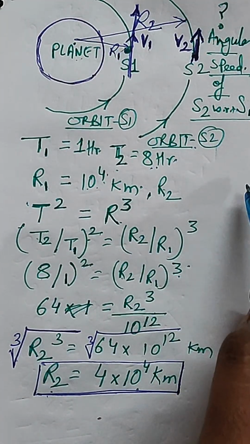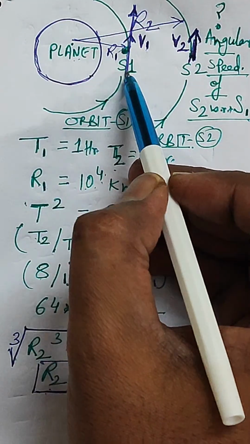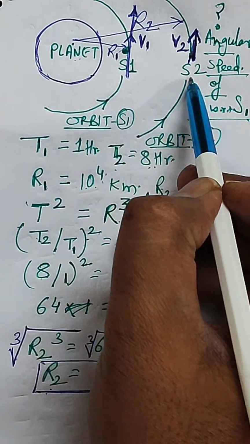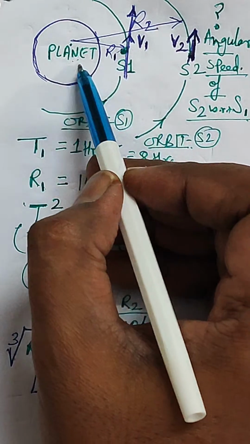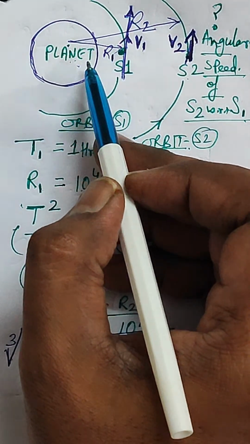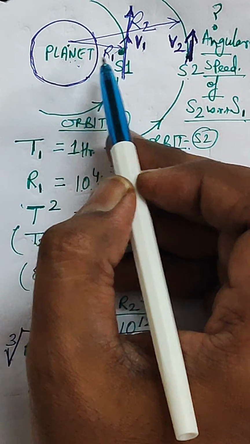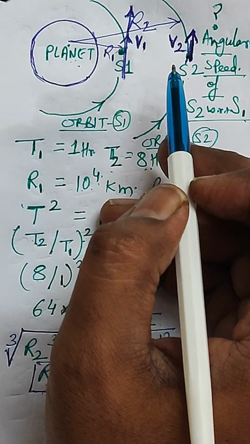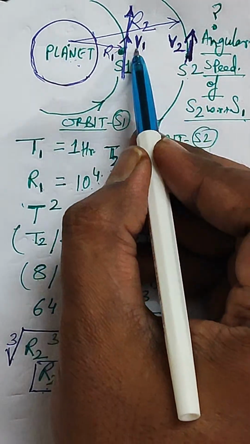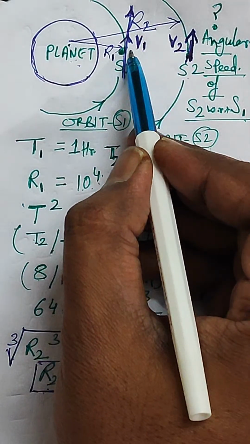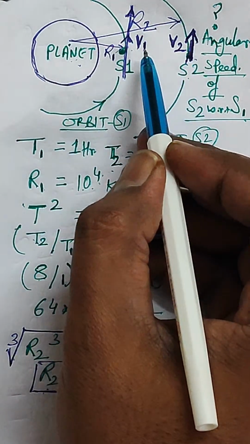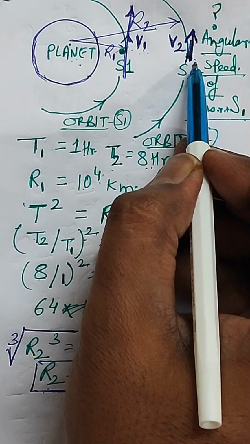If the mass of the satellites is m1 for s1, m2 for s2 and m for the planet, in fact the mass will not be required. We need to understand the linear speeds. So v1 and v2 are the linear speeds.